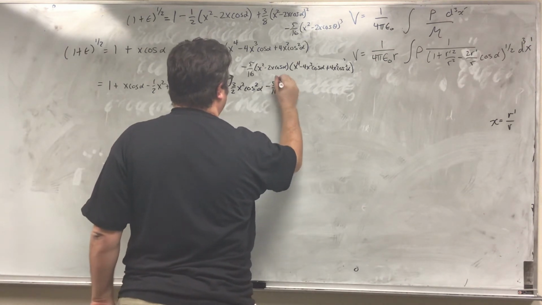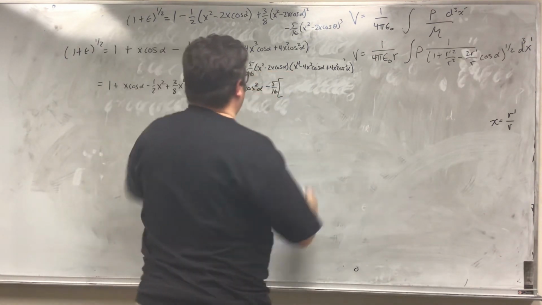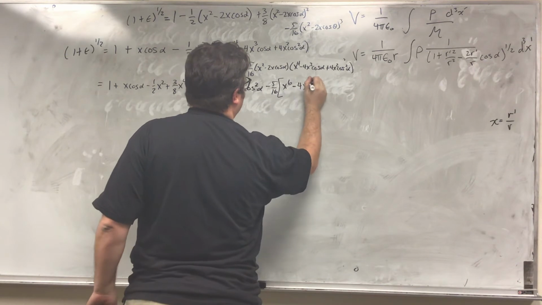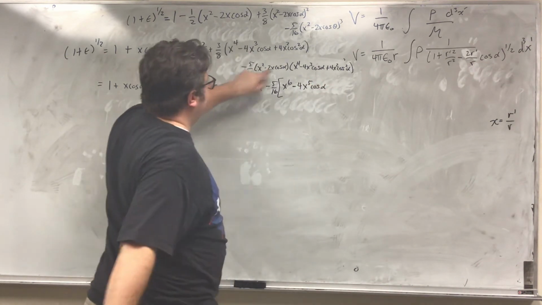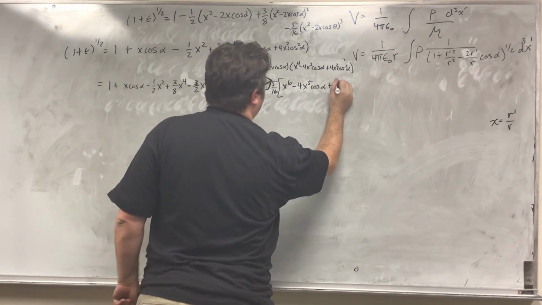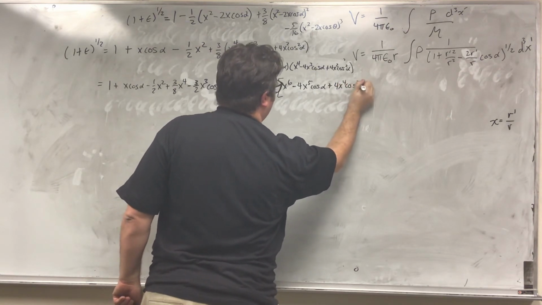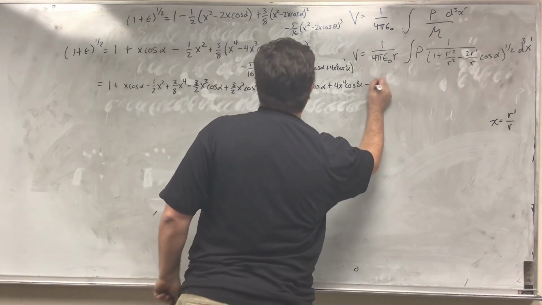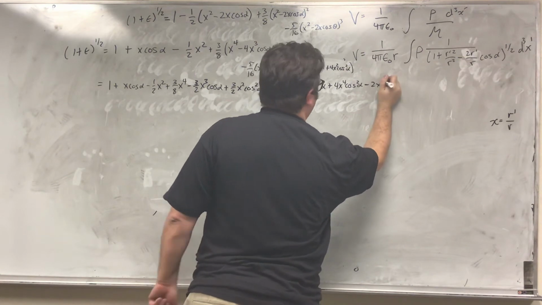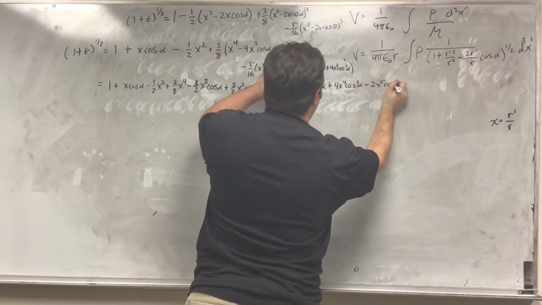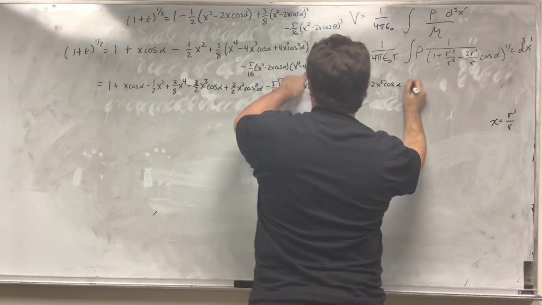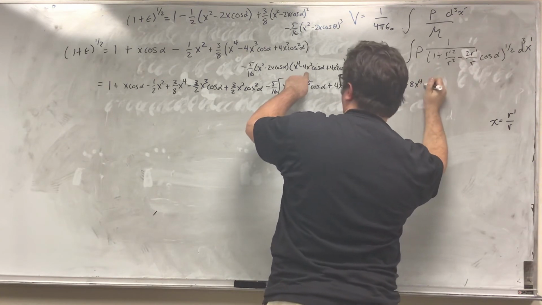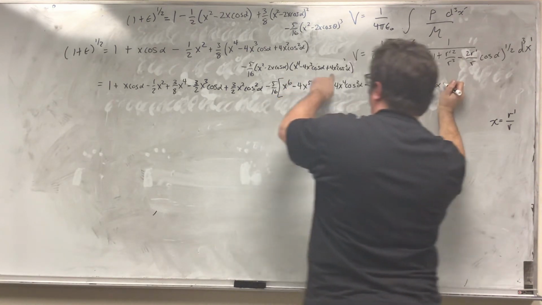Right? That's just getting through here, and then I can do some more arithmetic. Minus 5/16. This times this is x to the 6th. This times this is x to the 5th cosine alpha. This times this is plus 4x to the 4th cosine squared alpha. Now we do the other term. This times this is minus 2x to the 5th cosine alpha plus 8x to the 4th cosine squared alpha.